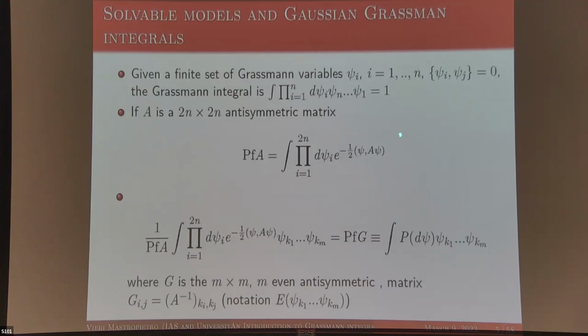As I said, this is completely useless at this level because we know the answer: the solution is a Pfaffian. So why do we want to write it in this way? We will see. But at the moment, it's just another way to write a determinant. You don't have to think anything deep. Only that if you like probability, this looks very much like, for instance, look at this formula: the integral of this times this psi is the Pfaffian of G, and G is the matrix A to the minus 1.